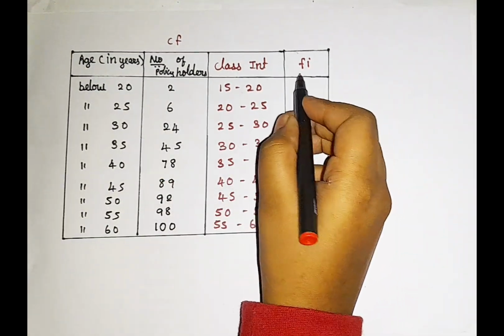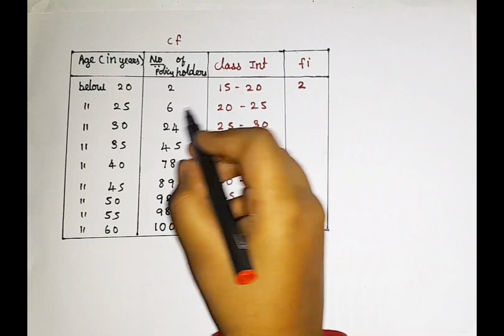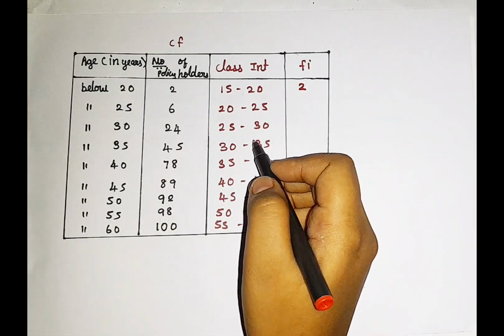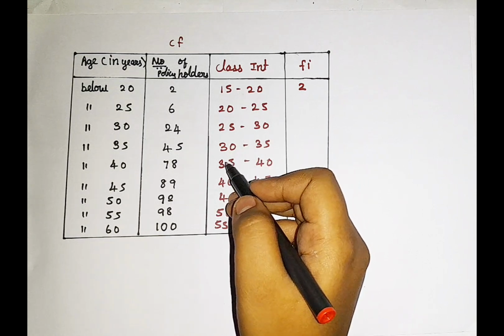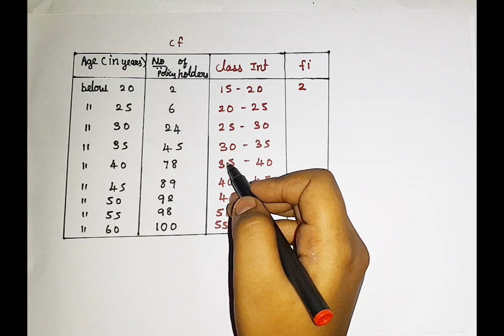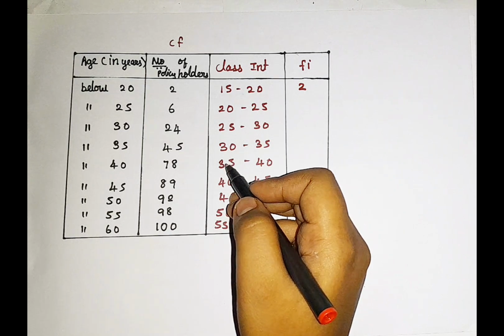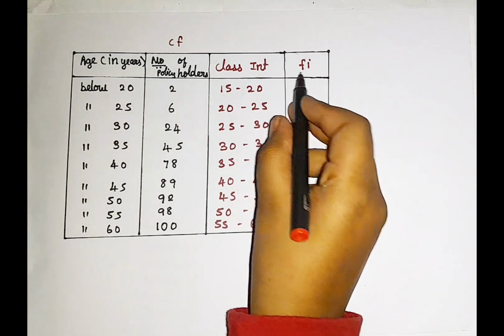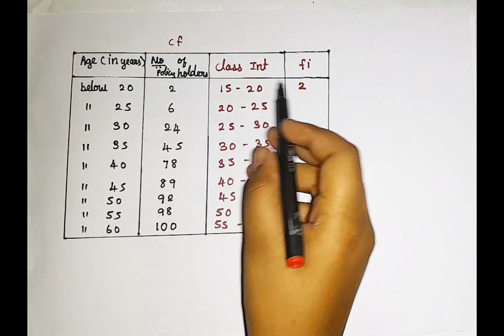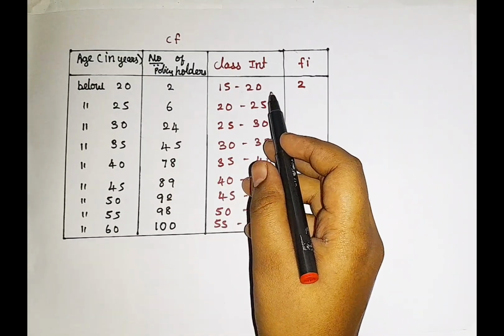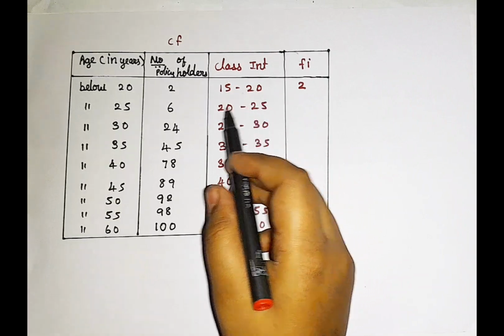But just because we are finding frequency, I am going to subtract. So there is a difference, isn't it? In the previous questions, to find the cumulative frequency, we just added the numbers, but here we are finding frequency. Just because we are finding frequency, we are supposed to subtract the numbers. There is a lot of difference here, so be careful.